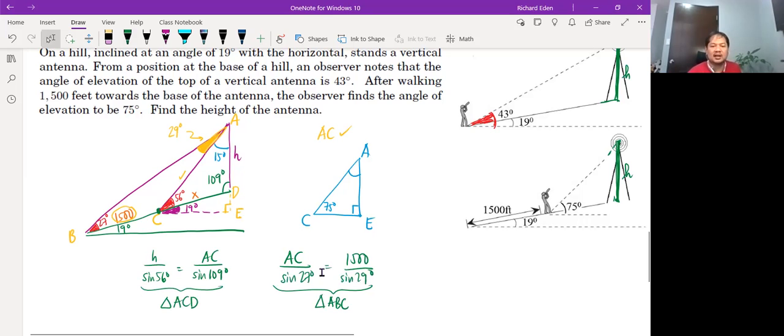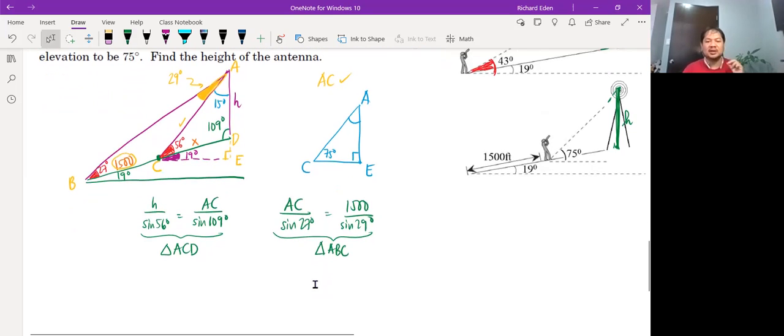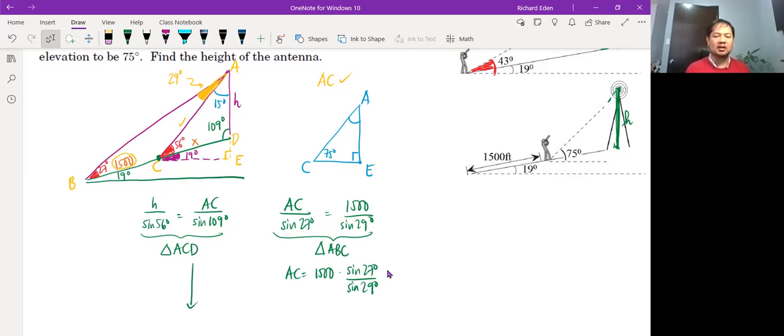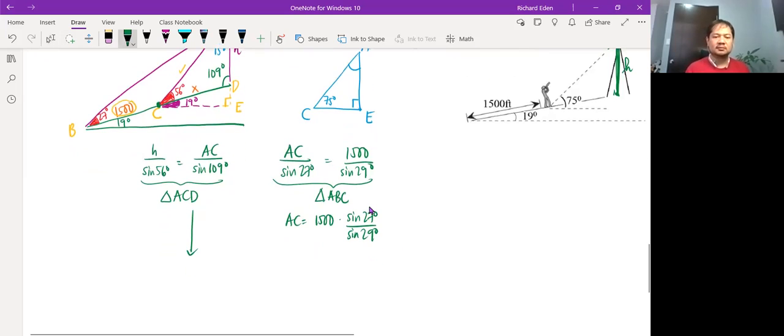In fact, if you look at these equations, we don't necessarily even have to figure out what AC is exactly, because from the second equation, AC is 1500 times sine 27 degrees over sine 29 degrees. We could go ahead and use that in the first equation. h is equal to AC times sine 56 degrees over sine 109 degrees.